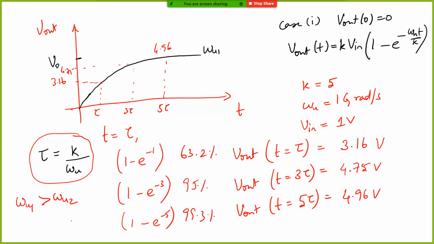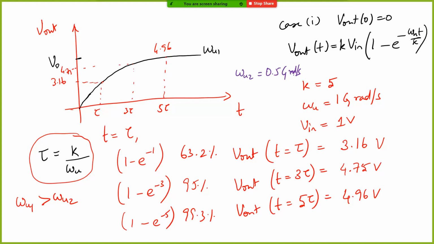Let's use another color. Same system, same feedback loop, K is the same. All you have done is, omega u2 is, instead of 1 gigaradians per second, let's say 0.5 gigaradians per second.